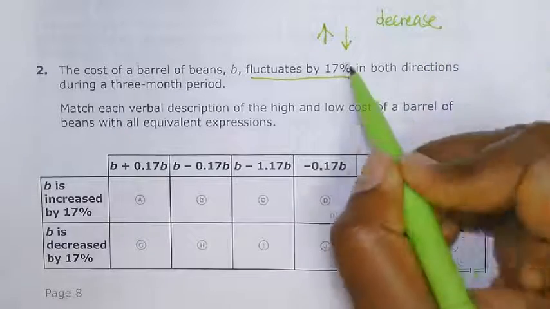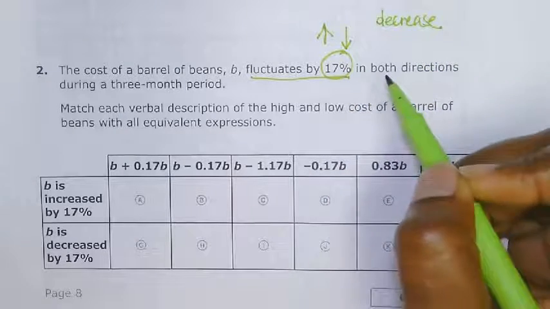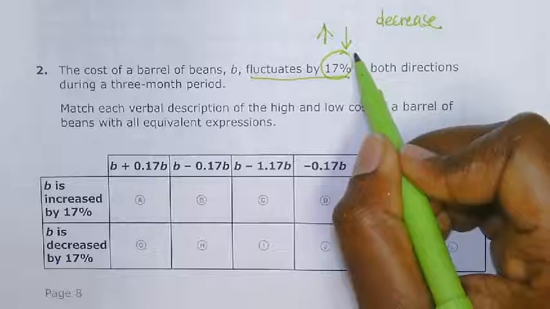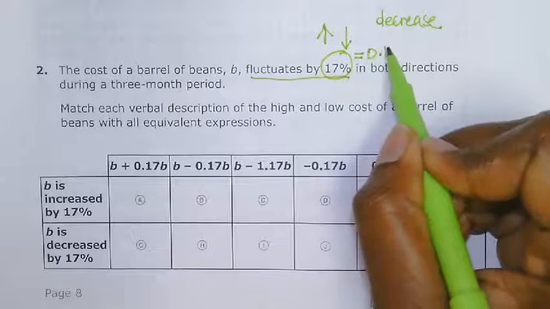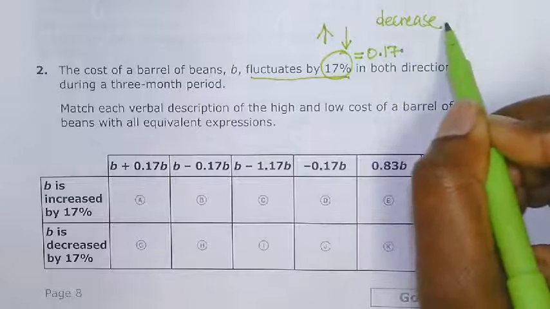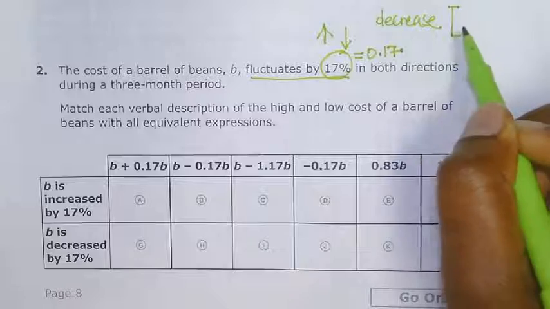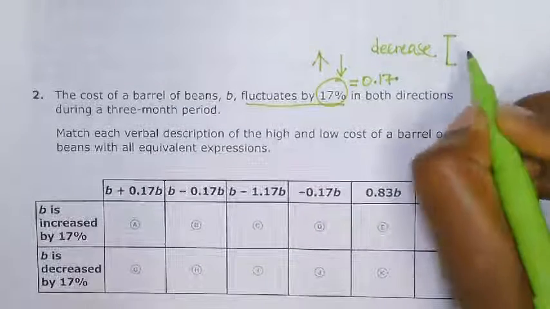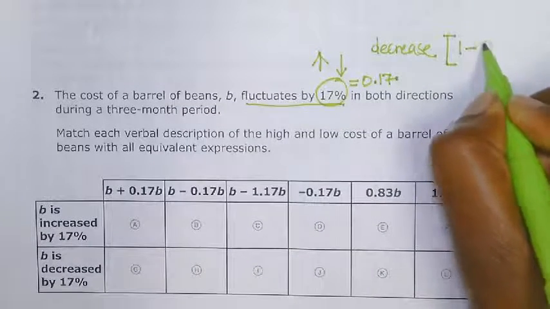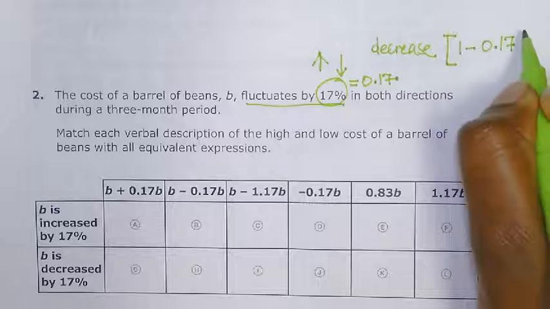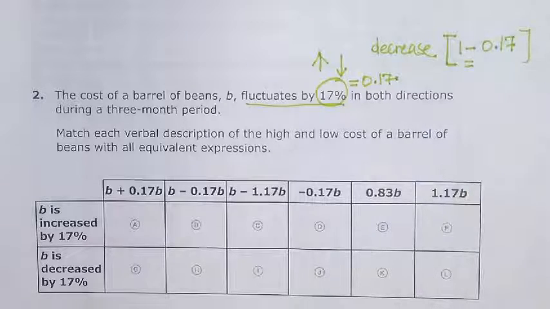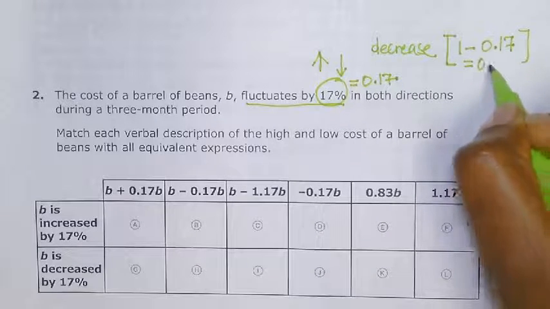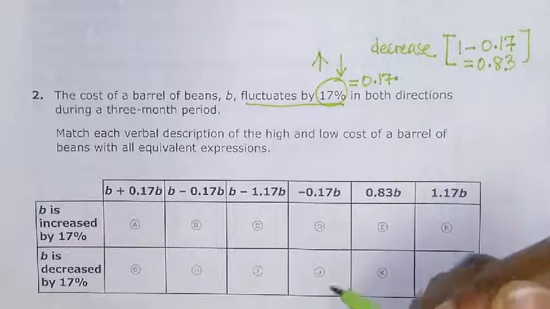If it decreases, we're going to convert 17% to a decimal, which is going to give us 0.17. So if it decreases, it's going to be 1 minus 0.17, which is going to give us what? 0.83.